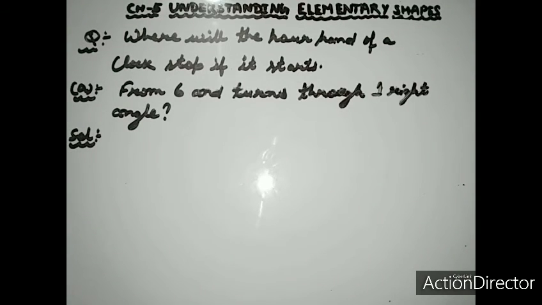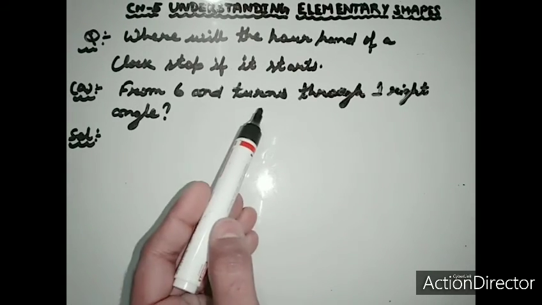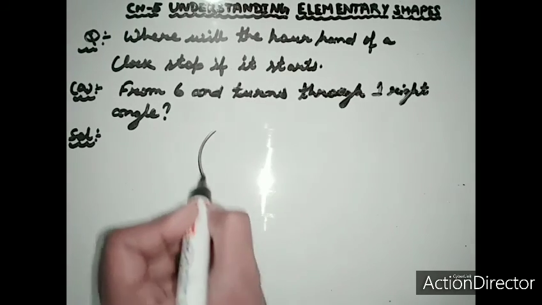This is the A part of the question. Okay, so the question is, where will the hour hand of a clock stop if it starts from 6 and turns through 1 right angle?